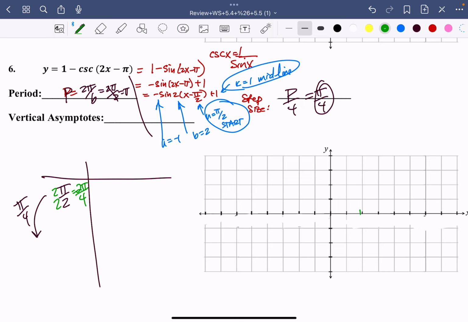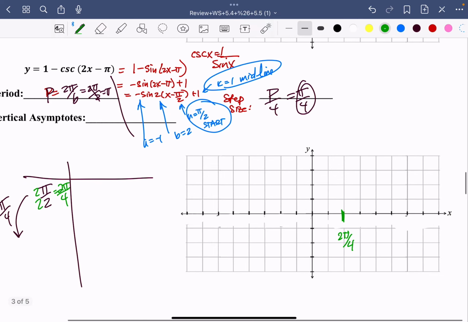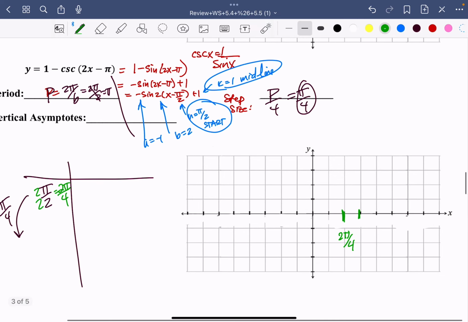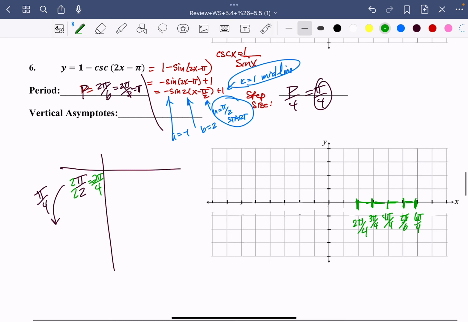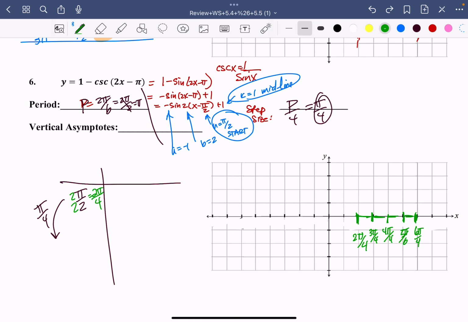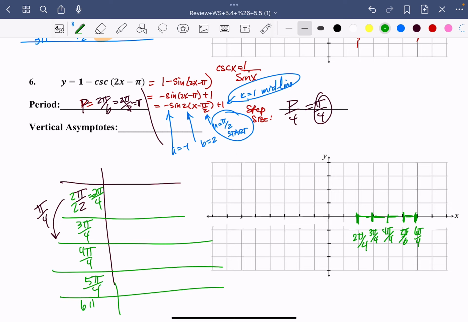Then I'm going to take a step of size pi over 4 to 3 pi over 4, then 4 pi over 4, 5 pi over 4, and lastly 6 pi over 4. So I've taken my 1, 2, 3, 4 steps, which gets me to 3 pi over 4, 4 pi over 4, 5 pi over 4, and 6 pi over 4.